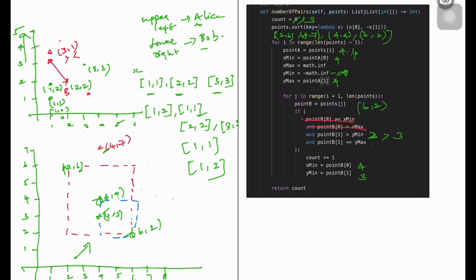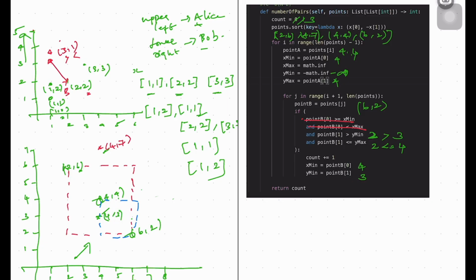Point B of 1 is 2, which is lesser than or equal to 4. So here y max is 4. So 2 is lesser than or equal to 4, but our y min here is 3, which is not. So now we know some point got updated in the fence area.